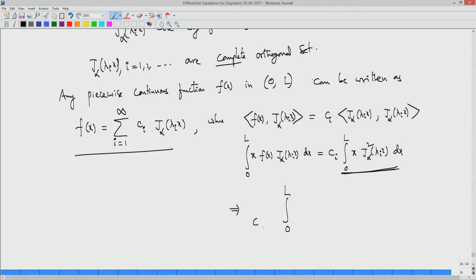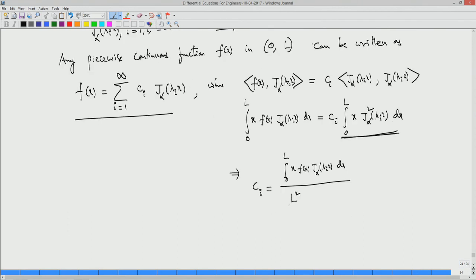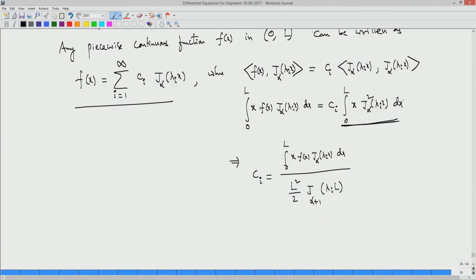So, I can write Ci as the integral from 0 to L of x f(x) J alpha of lambda i x dx, divided by this integral value, L squared by 2 J alpha plus 1 of lambda i L. Or this is actually equal to L squared by 2 J alpha minus 1 of lambda i L; both are the same, so you can use any one of them.